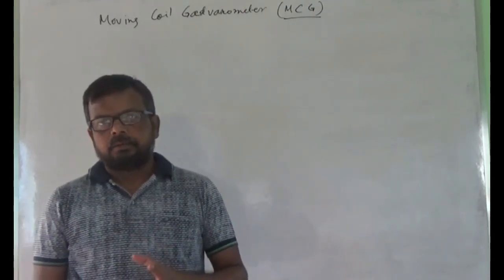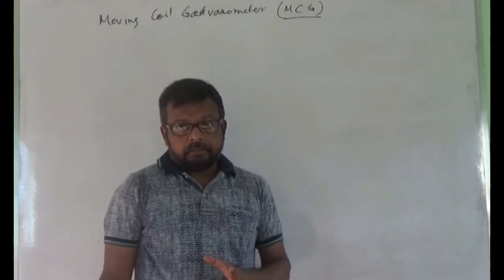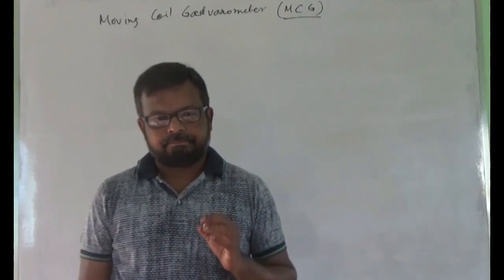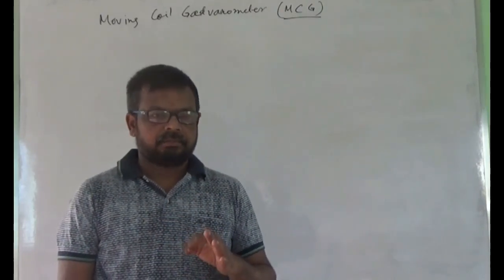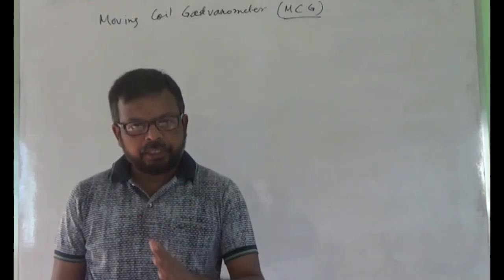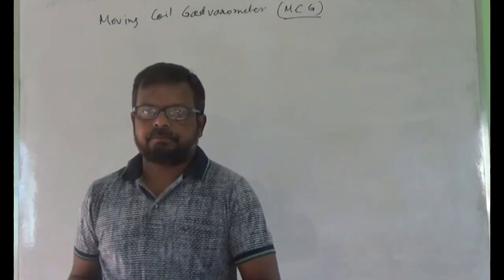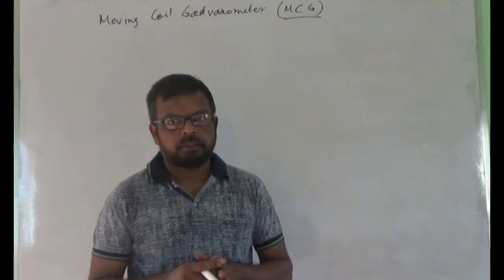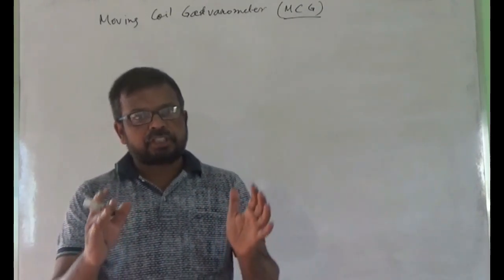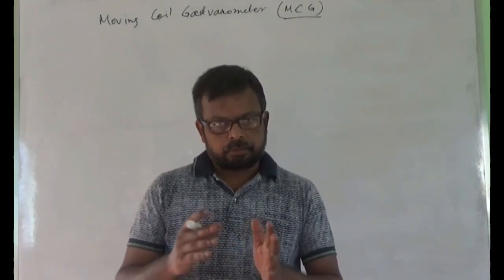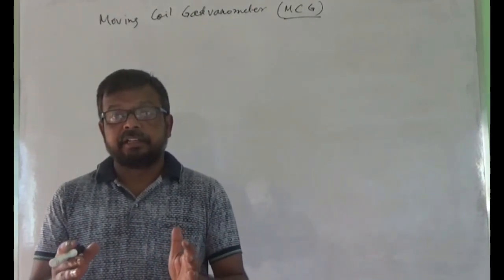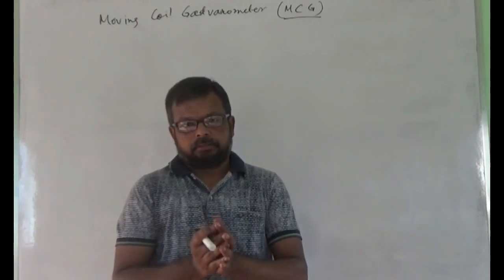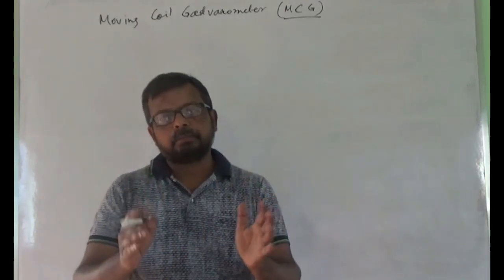Clear? Now, a coil on a non-metallic frame is suspended between the two poles of a permanent magnet, and the poles of the magnet will be cylindrical, so that the region between the poles has a uniform magnetic field.